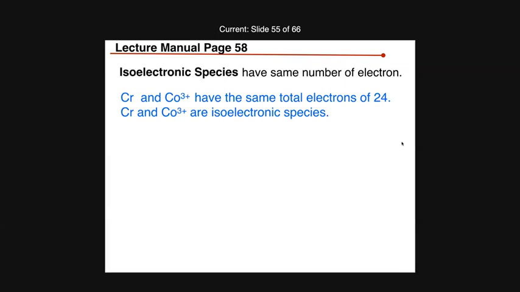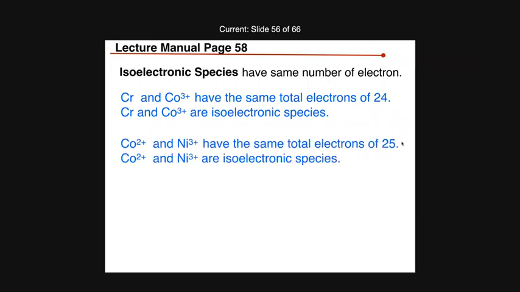For example, if you're looking at chromium and cobalt 3 plus, if you add all the electrons together, you are going to see that the total number of electrons for both of these is the same, which is 24. So in this case, I can conclude that cobalt 3 plus and chromium are isoelectronic species of each other.